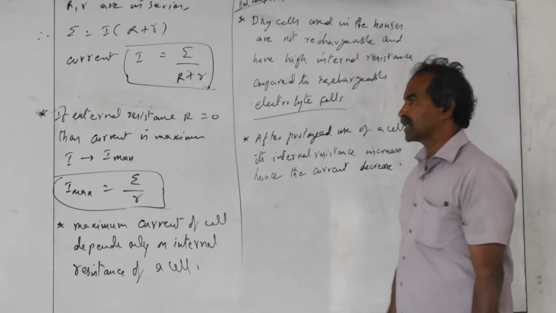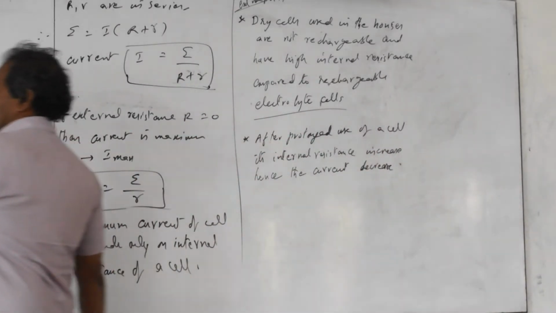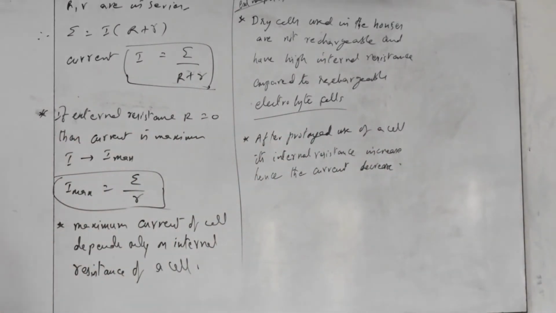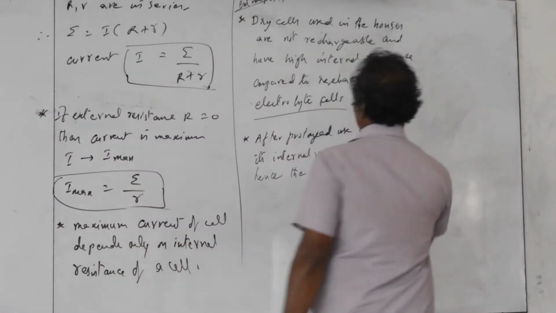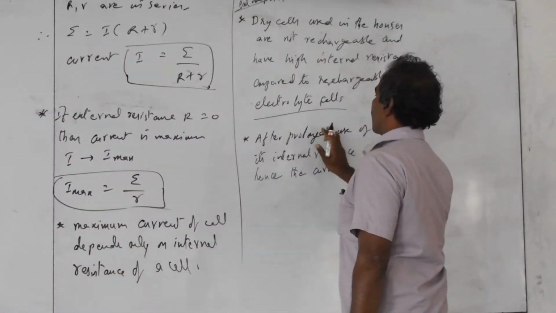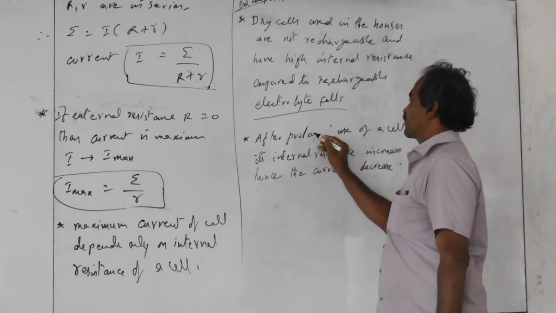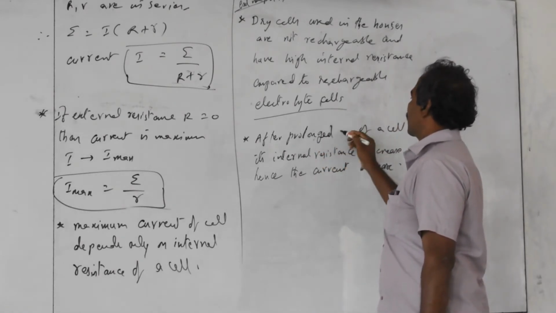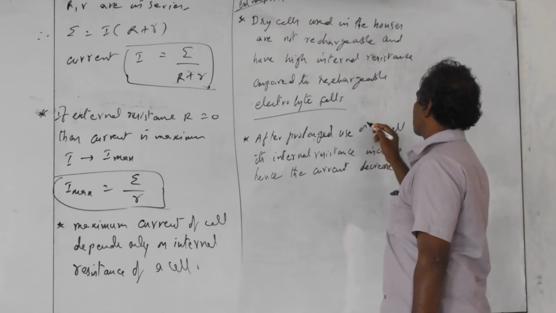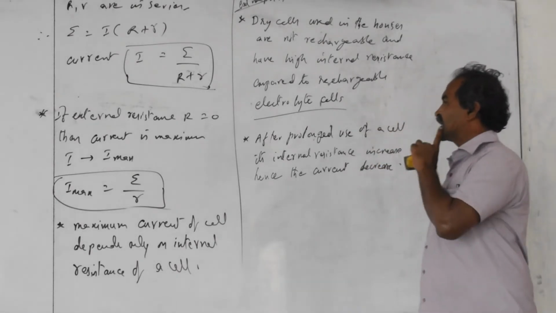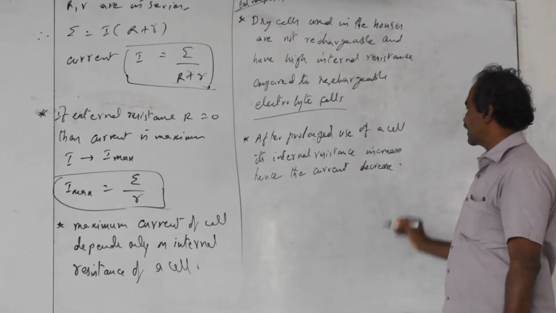Hence the current is decreasing. Next, differences between the electromotive force and the terminal voltage. Prolonged means long days of usage. After prolonged use of a cell, its internal resistance increases, hence the current decreases.